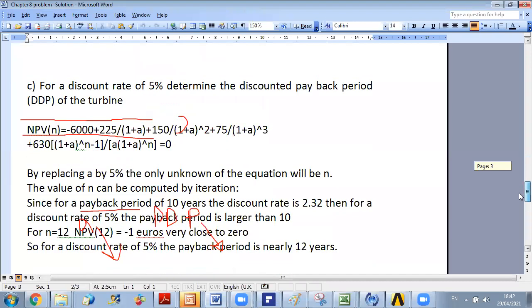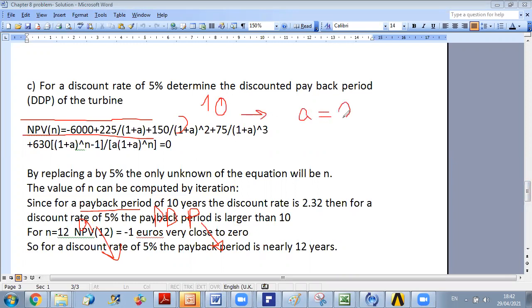Now, another question. If we set the discount rate to 5%, determine what will be the corresponding discounted payback period. First, sometimes if they give me several questions, I can benefit from the previous questions. When the discounted payback period was 10 years, the value of A came out 2.3.